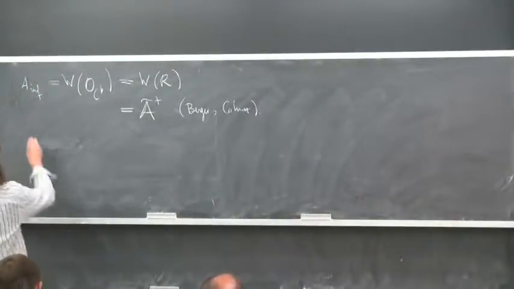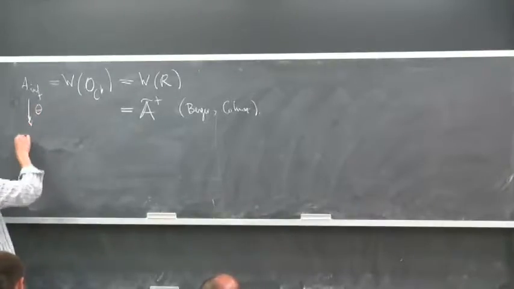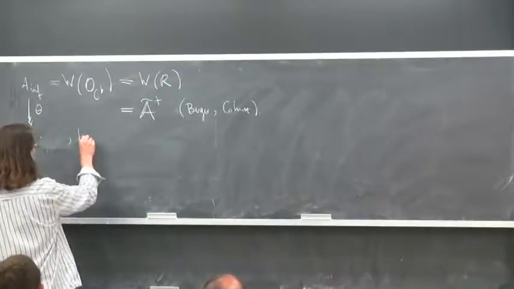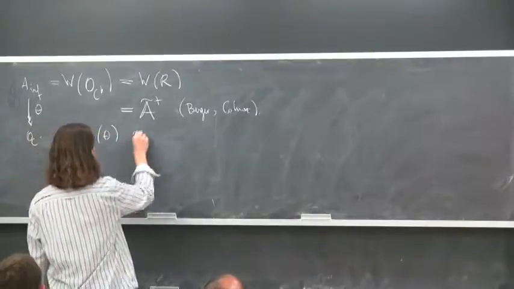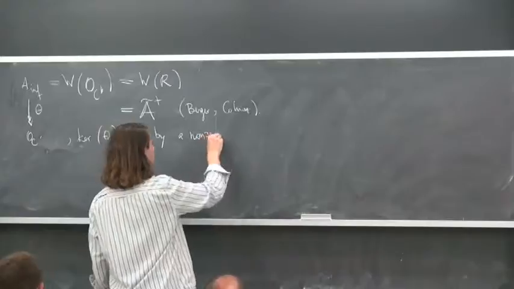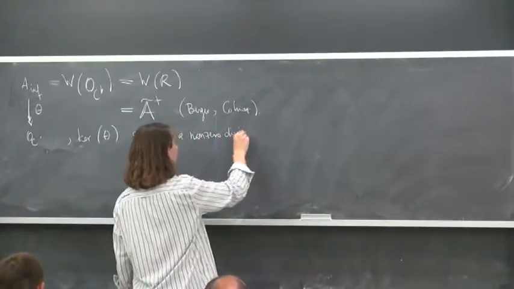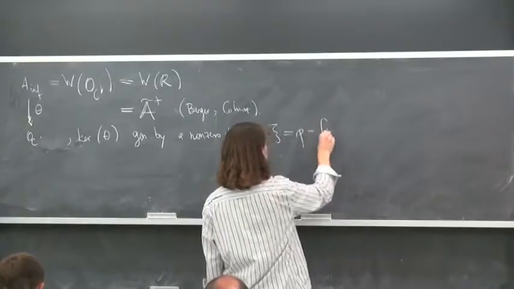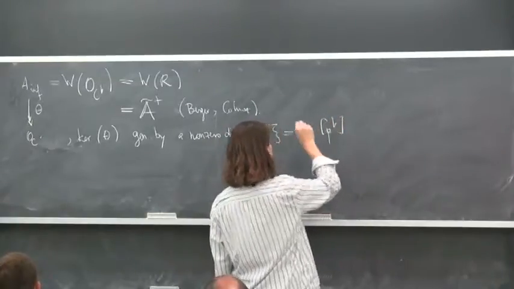And so this admits a map theta, a surjective map to the ring of integers of C, and the kernel of theta is generated by a non-zero divisor psi, which we can take to be p minus something I will call p flat.